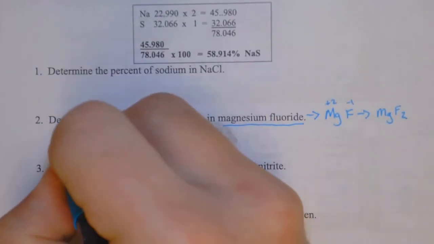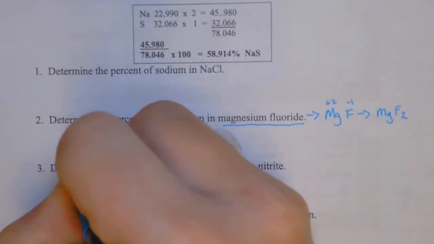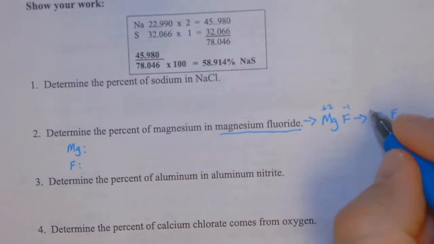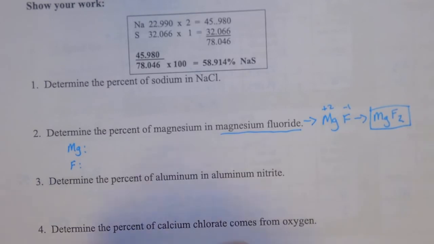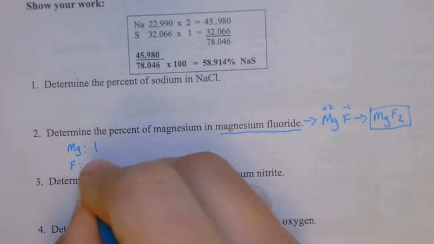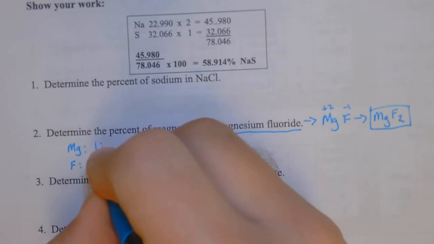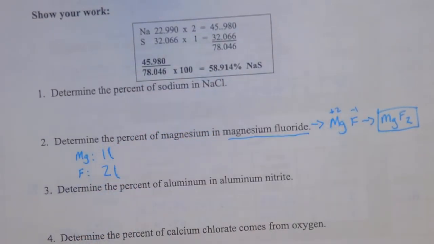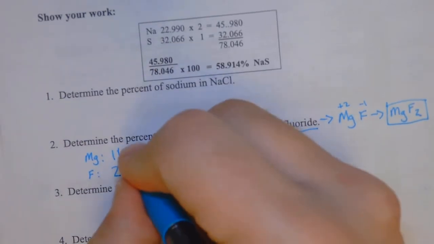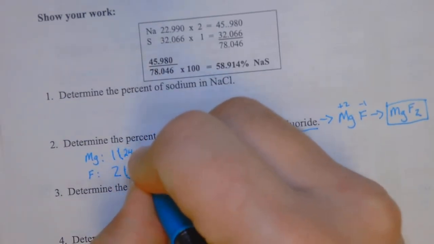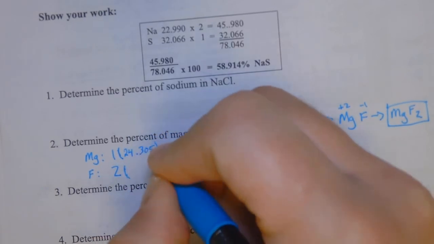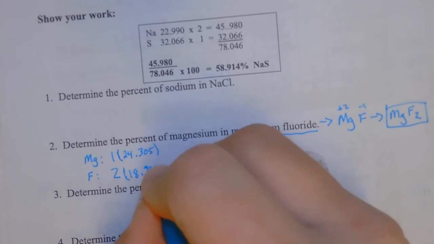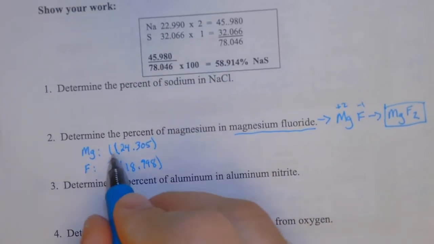So if I break this down into magnesium and fluorine, in my correct formula I have 1 magnesium and 2 fluorines. We're going to multiply each one of those by their molar mass. So magnesium is 24.305 and fluorine is 18.998.